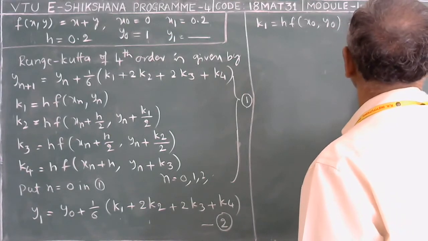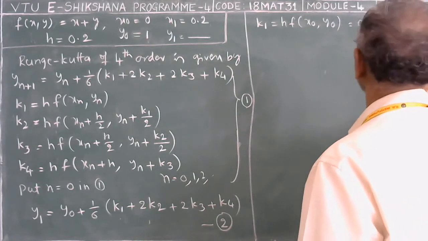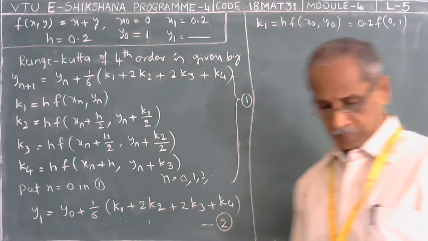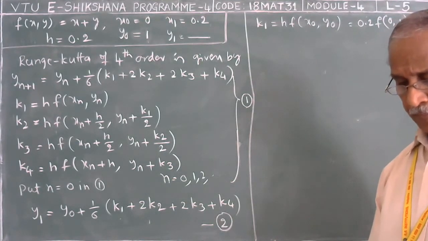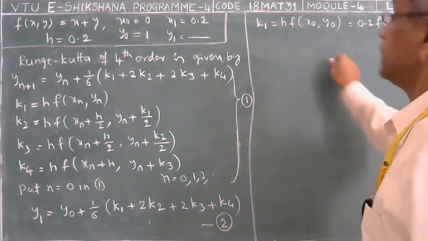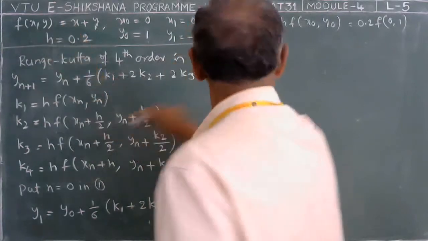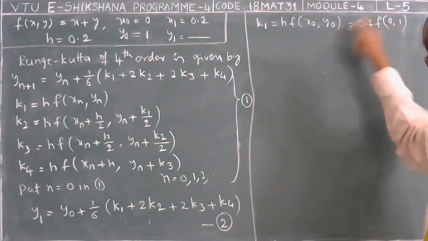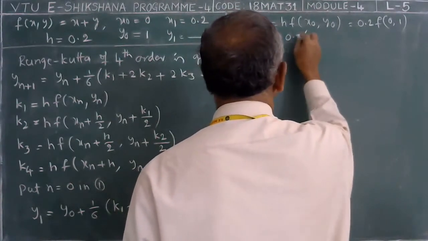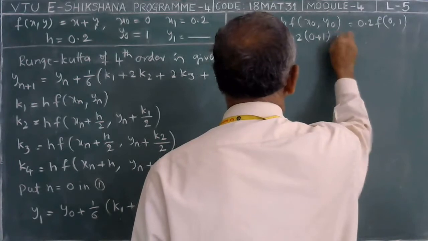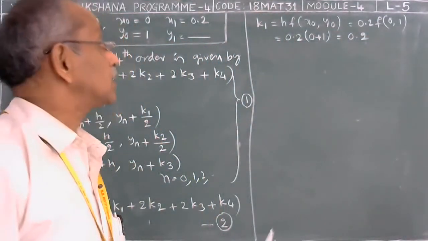H is 0.2 into f of x naught is 0, y naught is 1. Now, what is the definition? F of x comma y is x plus y. F of 0 comma 1 is 0 plus 1. So this is equal to 0.2 into 1, which is 0.2. You can clearly see this is 0.2.